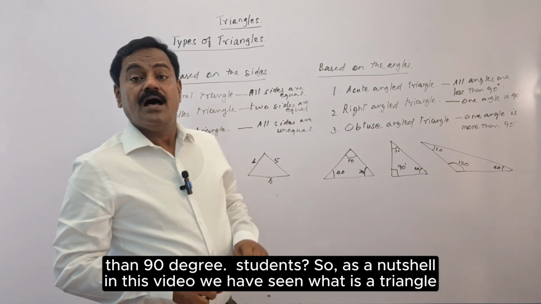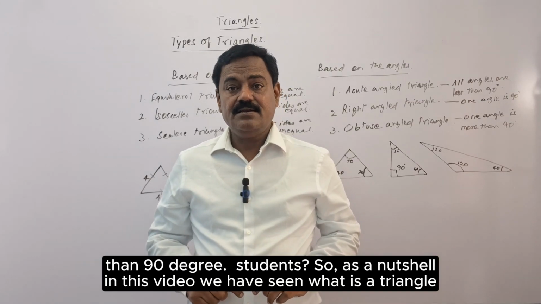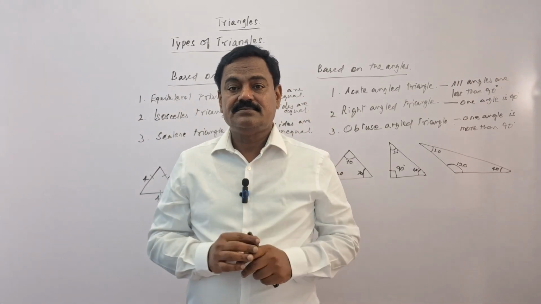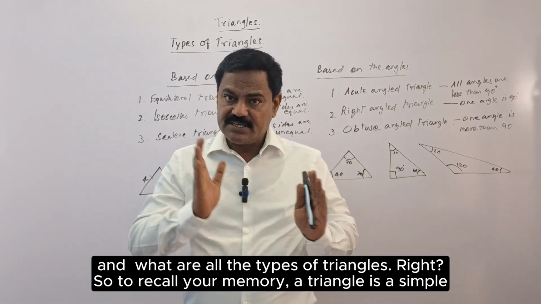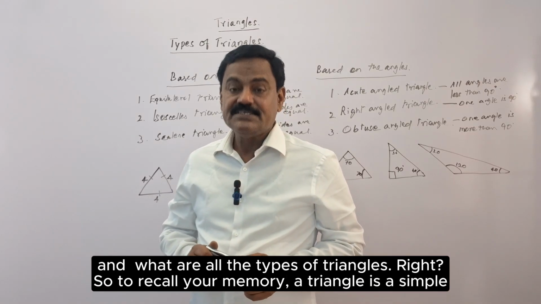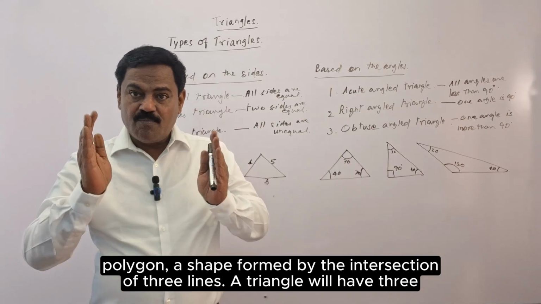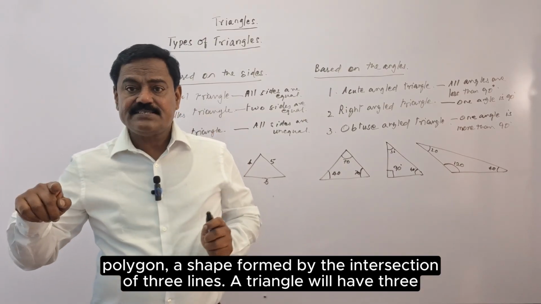Clear, students? So in a nutshell, in this video we have seen what is a triangle and what are all the types of triangles, right? To recall, a triangle is a simple polygon, a shape formed by the intersection of three lines.